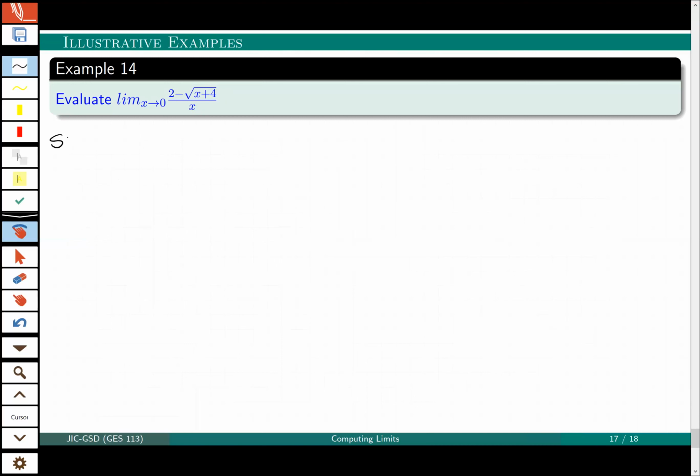Same question actually. It's the limit when x goes to 0 of 2 minus root x plus 4, over x. That will be equal to the limit when x goes to 0 of 2 minus root x plus 4.